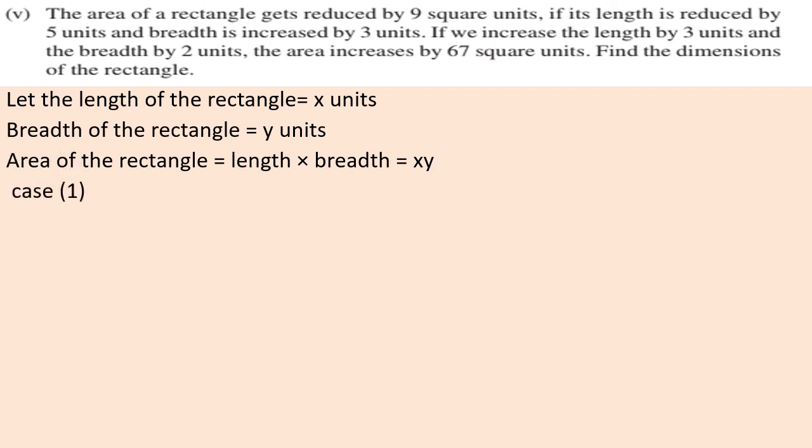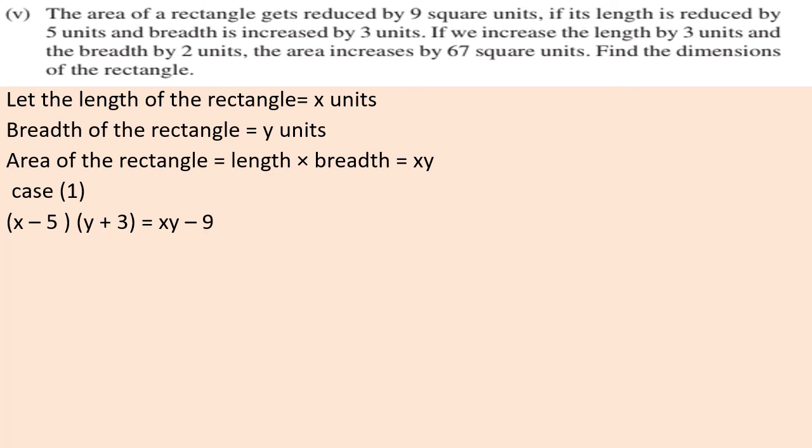Now, case 1: area is reduced by 9 square units if its length is reduced by 5 units, that is, x minus 5, multiplied by breadth increased by 3 units, that is, y plus 3, equal to xy minus 9.